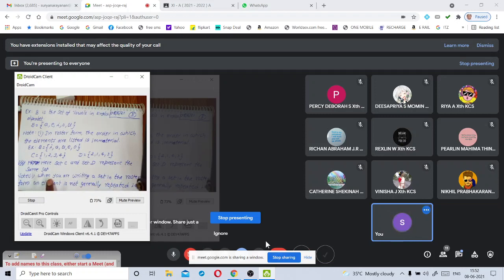Second point, when you are representing a set in the roster form, an element is not generally repeated. We cannot repeat an element in the roster form.